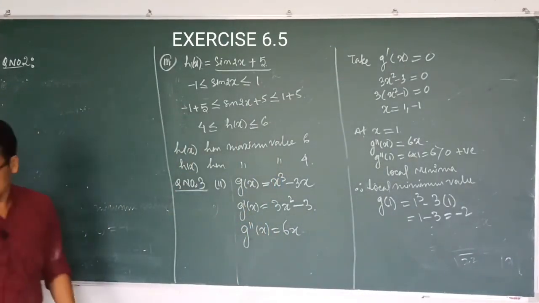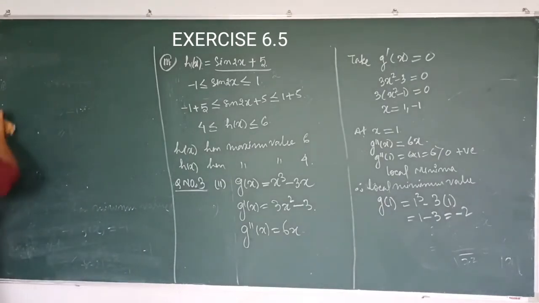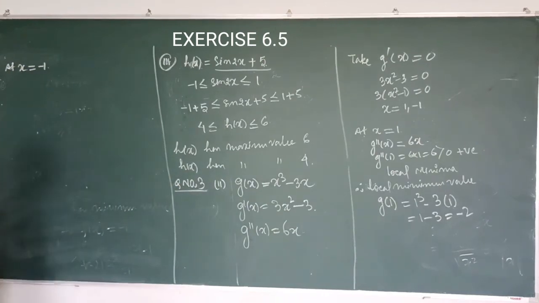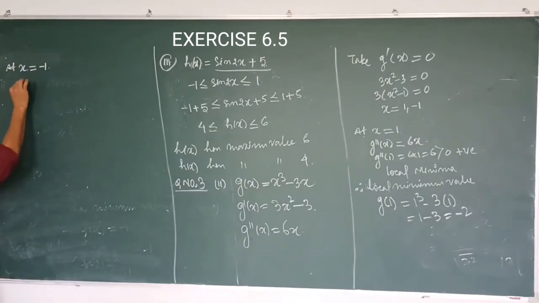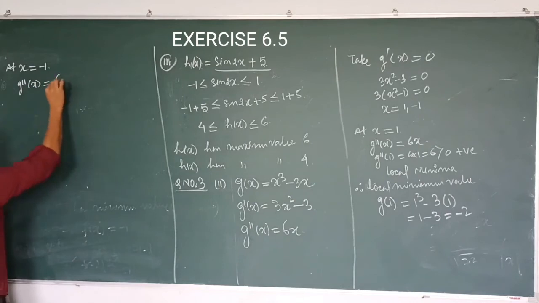So I will wrap up this question also. At x equal to minus 1, we put it in g double dash x, which is 6x.